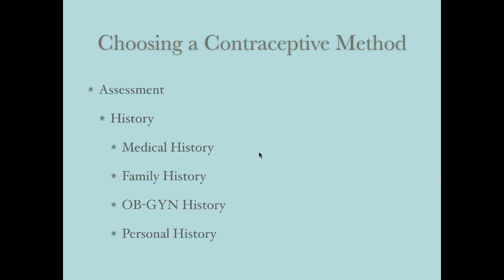We also need to know what contraceptive methods they have used in the past. Did they work? Did they not work? Why they didn't work? Is it something that the patient's not willing to do or use? And part of that goes with their personal history.